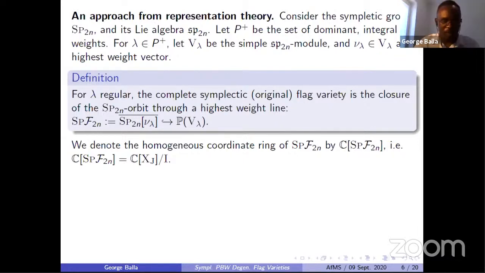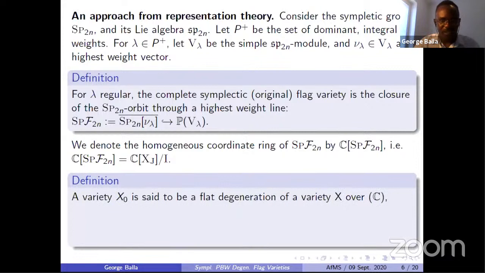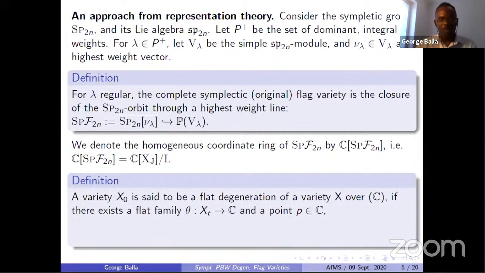Okay. So we say a variety X naught is a flat degeneration of a variety X, for our case over C, if there exists a flat family, a surjective morphism of varieties.